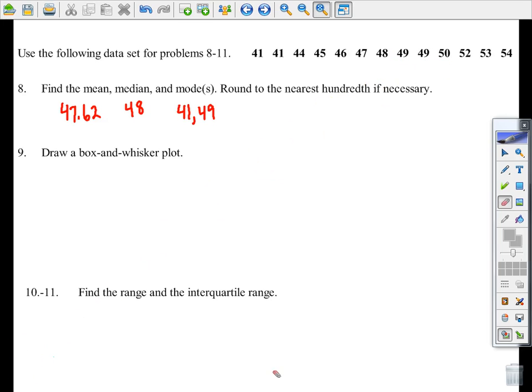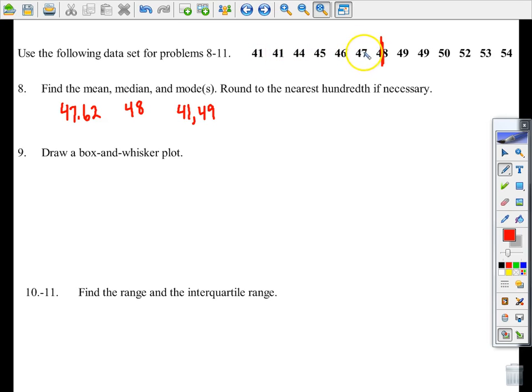Okay, now we'll do our box and whisker plot with this data, and another name for the box and whisker plot is the 5-number summary, because we're going to basically accentuate 5 numbers. We need the overall median, which we've already found is 48, and you can think of that number 48 as a divider that separates our data up into 2 smaller groups of 6.